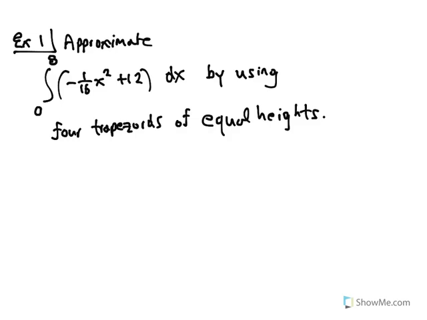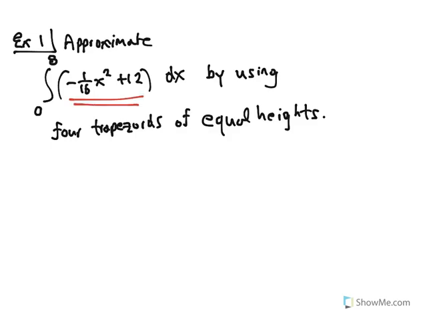So we begin with our first example. Example 1, approximate the definite integral of negative 1 over 16 x squared plus 12 with respect to x from 0 to 8 by using 4 trapezoids of equal heights. So this is an example for definite integrals by trapezoids from an equation.